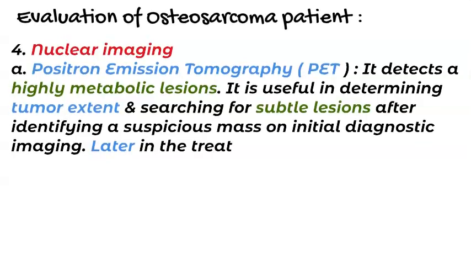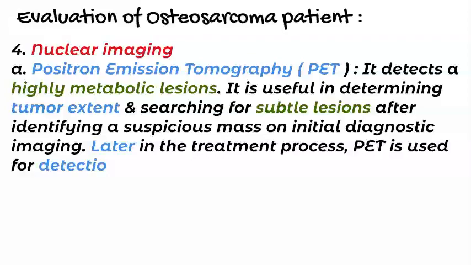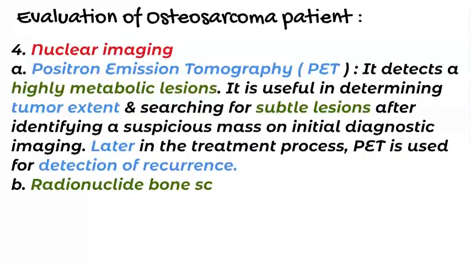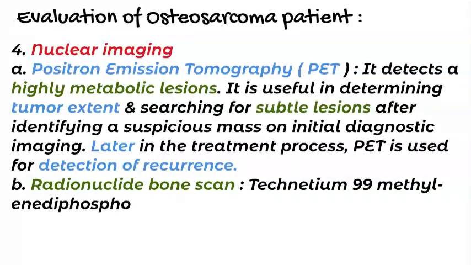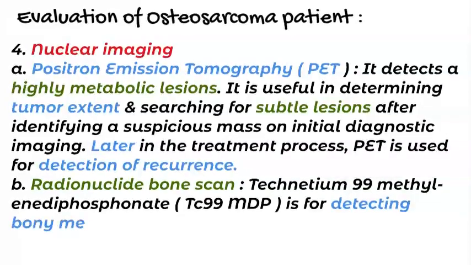Later in the treatment process, PET scan is used for detection of recurrence. B. Radionuclide bone scan. Technetium-99 methyl diphosphonate, Tc99-MDP, is for detecting bone metastasis.